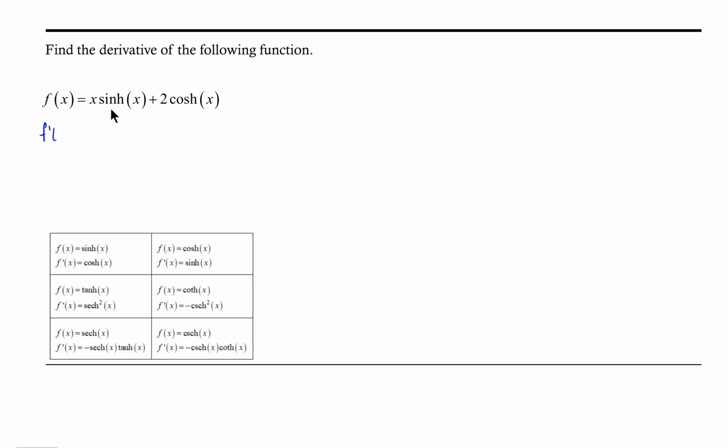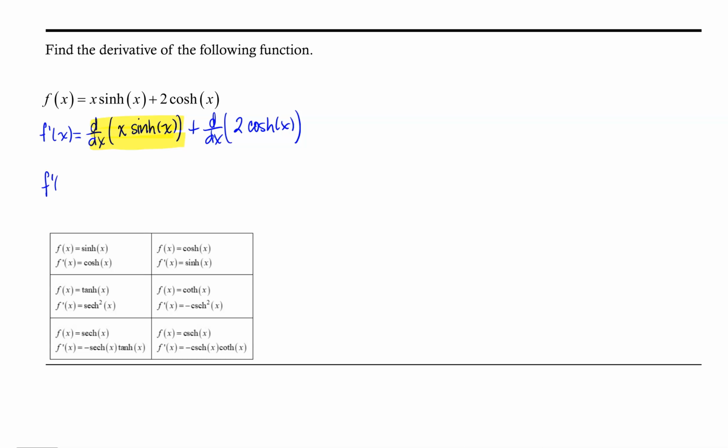So f prime of x is going to be the derivative of x times sinh of x plus the derivative of 2 times cosh of x. Now, in this first term, we will have to be using the product rule.